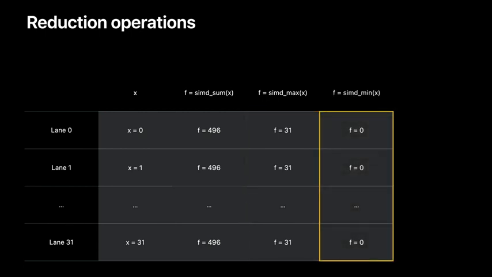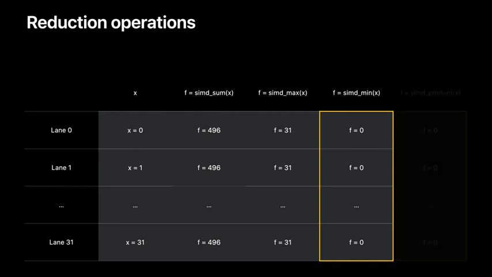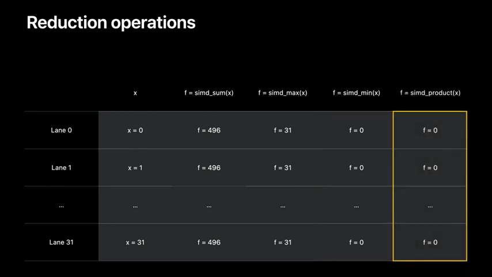Similarly, SIMD_MIN stores the minimum value of x, which happens to be 0 in this case, across all the active lanes. Finally, we have SIMD_PRODUCT, which multiplies up all the values of x. As one of the variables happens to be 0, the final product that is broadcast is 0. These instructions work on both integer and floating point, scalar and vector types.